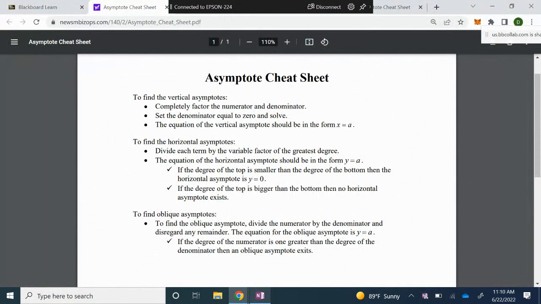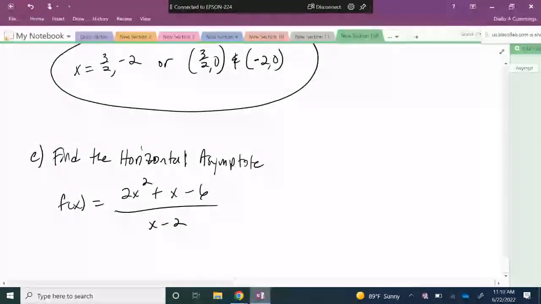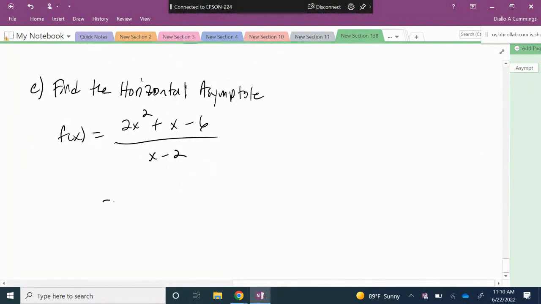If we look at our bullet points, the last bullet point says if the degree of the top is bigger than the degree of the bottom, then no horizontal asymptote exists. So looking back at our function, the degree of the top is 2, the degree of the bottom is 1. So the horizontal asymptote does not exist.